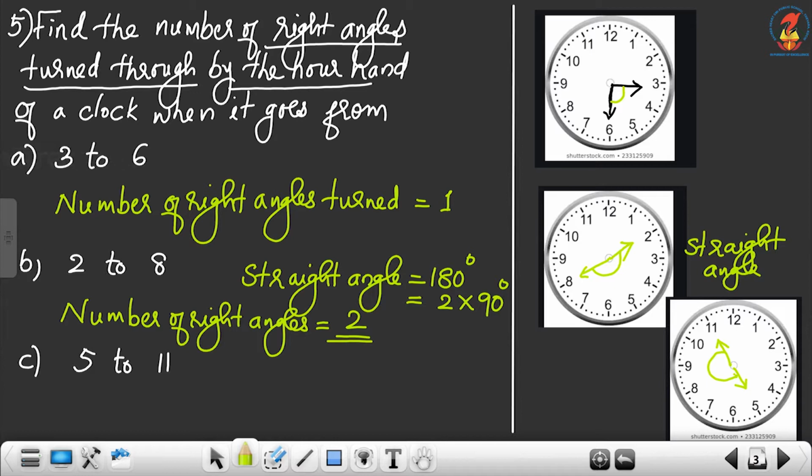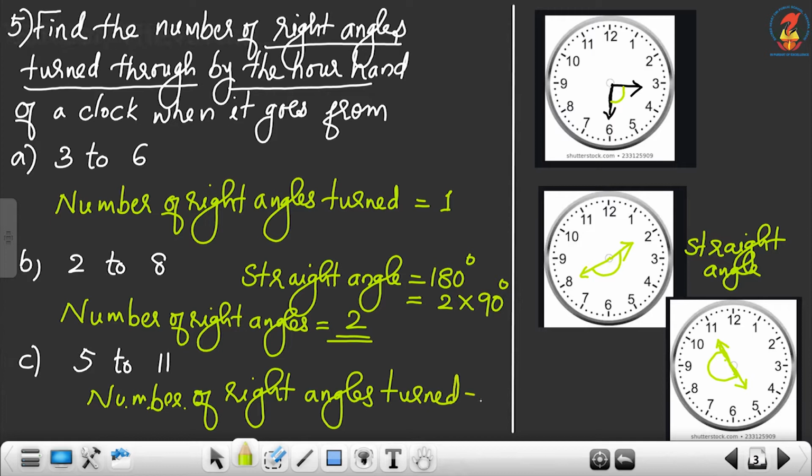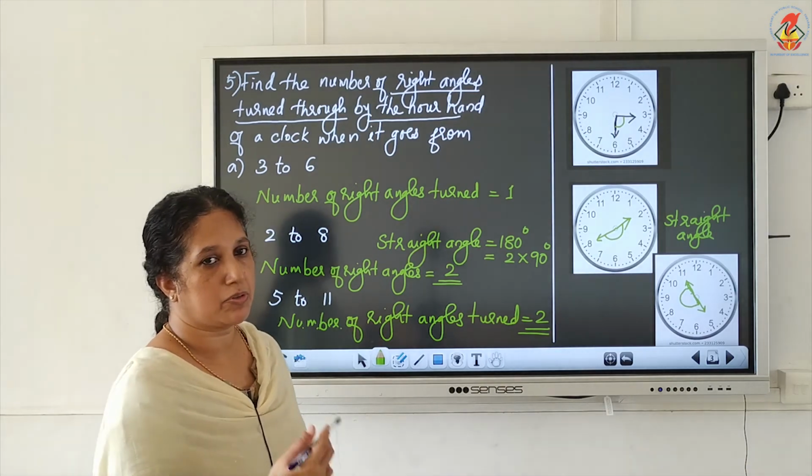The angle turned is 180 degrees. This is a straight line, so the angle turned is a straight angle. In one straight angle, how many right angles are there? 2 right angles. Therefore, when the hour hand goes from 5 to 11, the number of right angles turned is equal to 2. For this type of question, you have to draw the clock face.